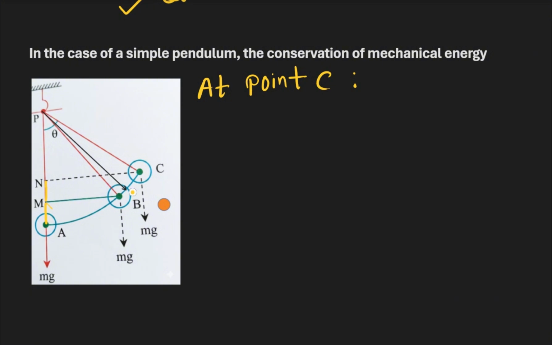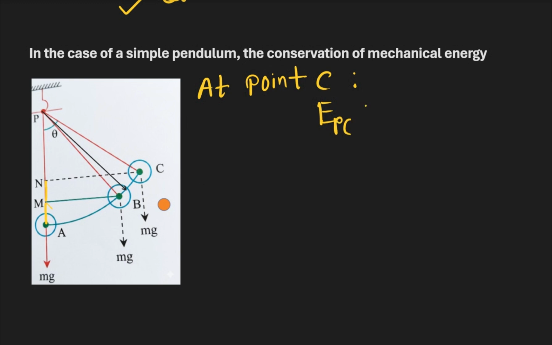Now at point C, the pendulum needs to be released from C. So at point C there is maximum potential energy.